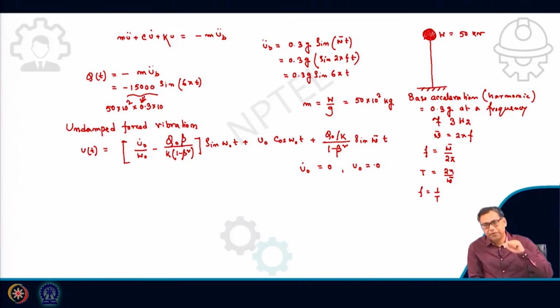In the first problem, the static load was applied and we got the deformation, but it was applied without any initial velocity. But here, on the same system, the base shear is applied without any initial deformation or velocity. Clear? So that's why both u dot 0 and u 0 are 0. But you can apply different initial conditions also.